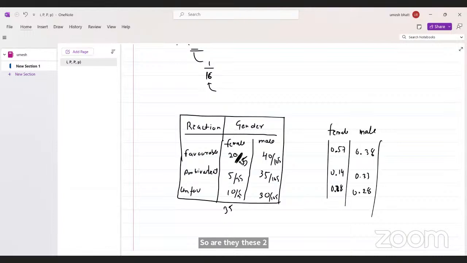No. So if the columns are different, then they are associated.